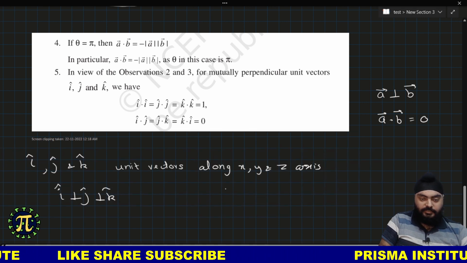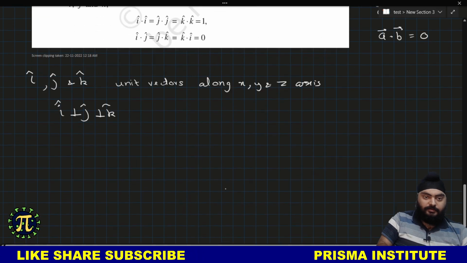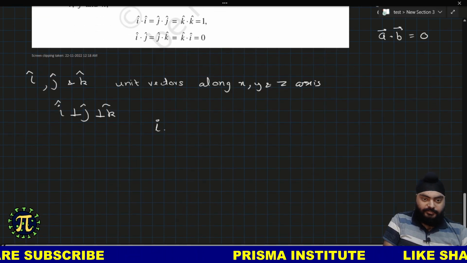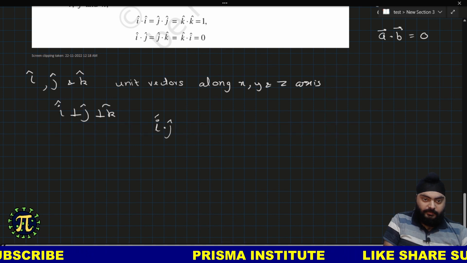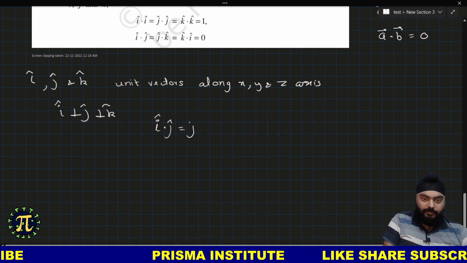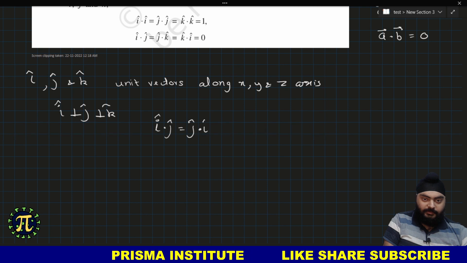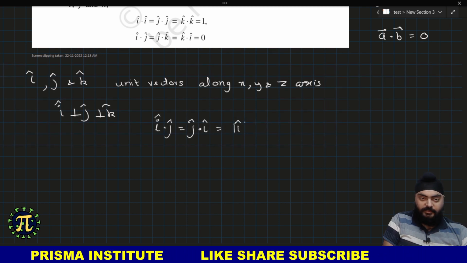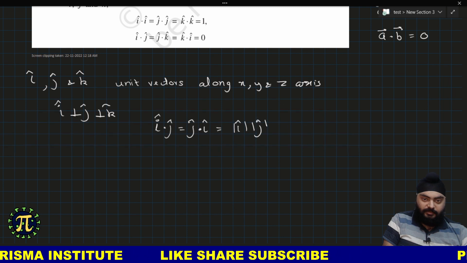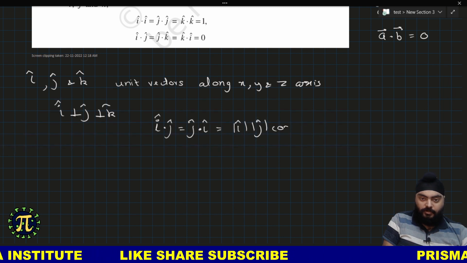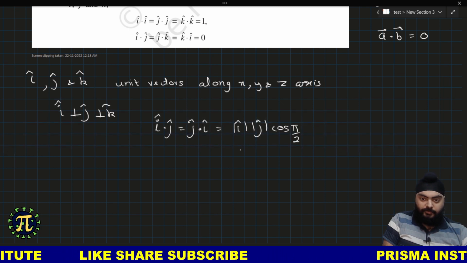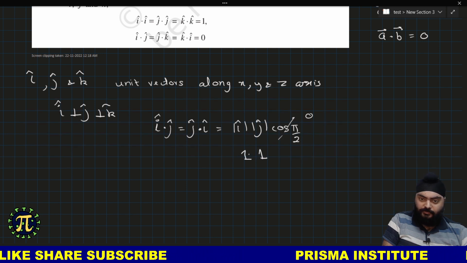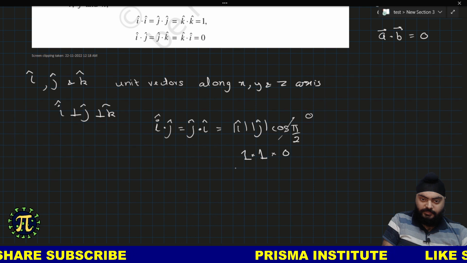So this means we can define i cap dot j cap will be equal to j cap dot i cap, and it's nothing but mod i mod j into cos of pi by 2. So mod i is 1, mod j is 1, but cos pi by 2 is 0. So into 0, the answer is 0.